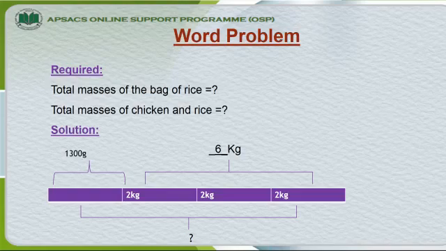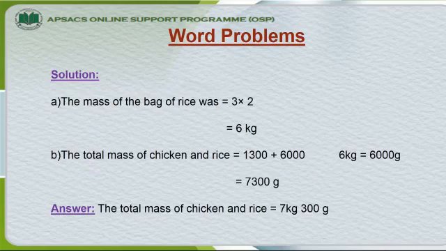The 3 remaining portions represent the bags of rice. She bought 3 bags of rice, and in each bag she has 2 kg. So I write 2 kg, then 2 kg, and then 2 kg. When we add 2 kg plus 2 kg plus 2 kg, how many kg of rice does she have? 6 kg.